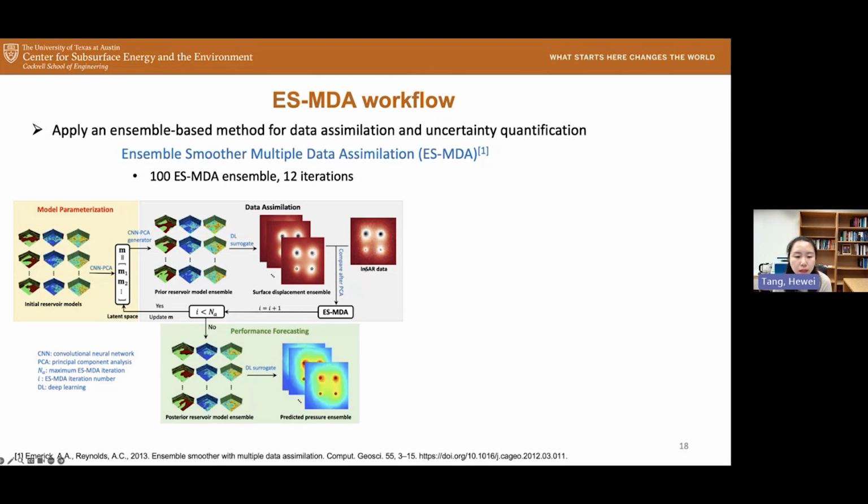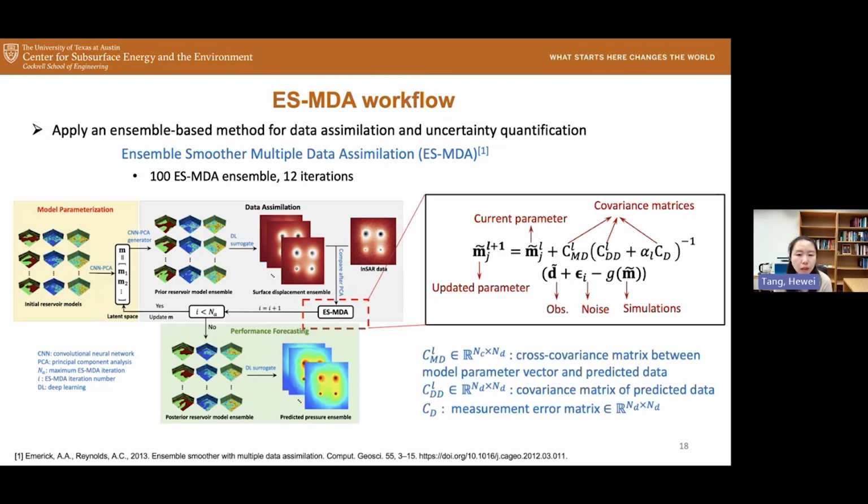The process is that we compare our predicted surface displacement with the InSAR interpreted observation displacement, compute the mismatch between these two, and then try to update our latent parameter space that's generated by CNN PCA. ESMDA stands for ensemble smoother multiple data assimilation, and it has been a widely adopted method for history matching in the industry.